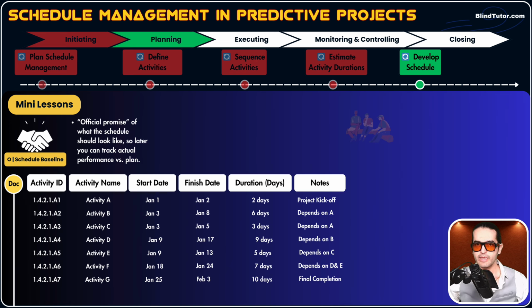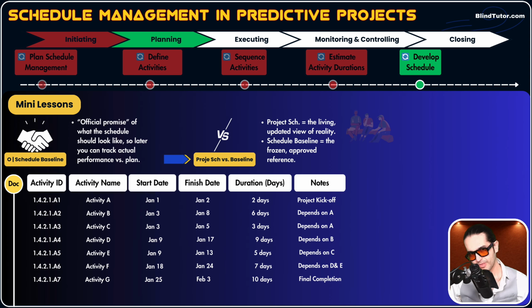Okay, guys? Now, you said the first output was the project schedule, and the second output is the schedule baseline. Is there a difference between these two? Yes. So what's the difference, guys? The project schedule, the first output we talked about, is a living, updated view of reality, but the schedule baseline is a frozen, approved reference. Let's elaborate with an example. Let's say a delay happens in a project, and we know this delay is temporary.